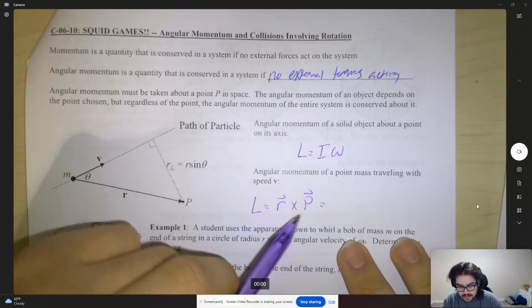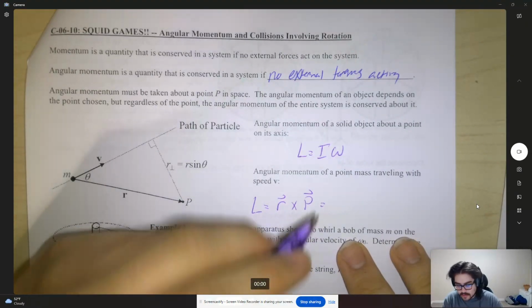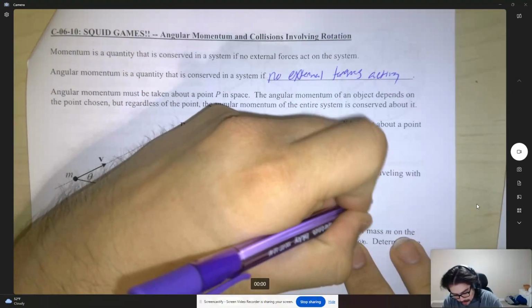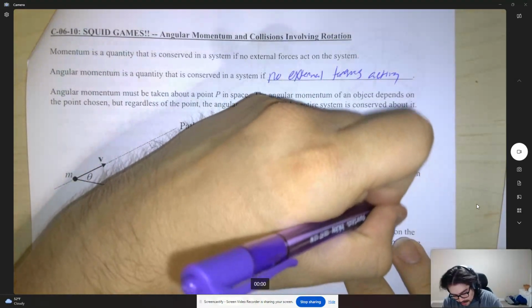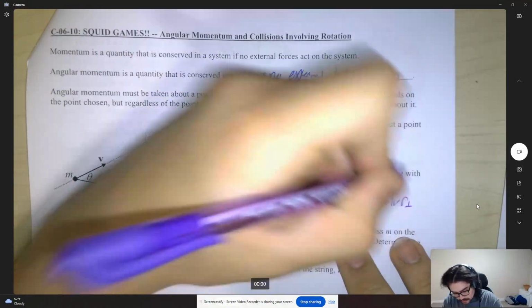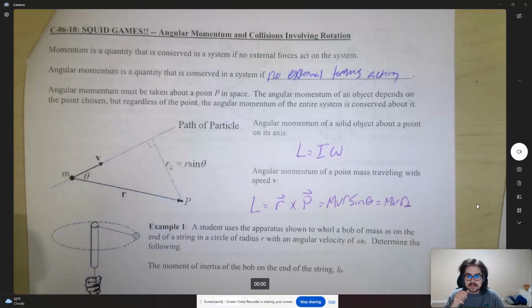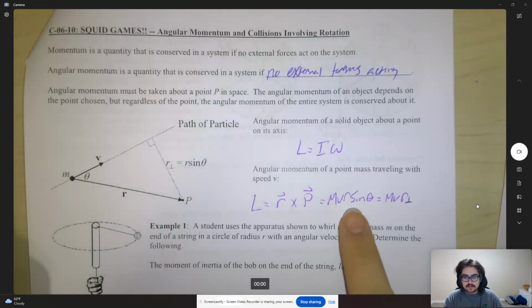We can also write that as m v r sine theta, or m v r perpendicular. R perpendicular is simply r sine theta. That's where the sine theta comes from.